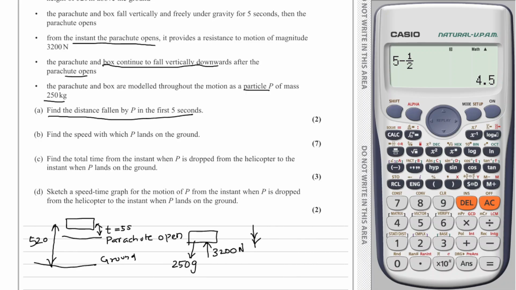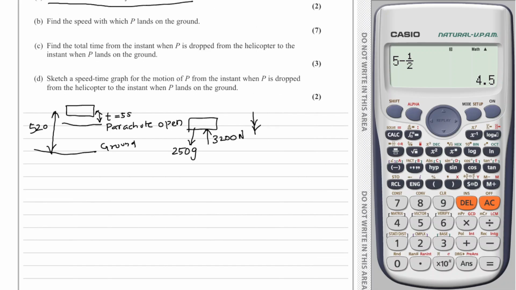So already all the details are in our diagram. Here this is the position. It starts from 520 meters above the ground, and for the first 5 seconds it is moving with vertical motion. So there is no resistance force acting on the object, right?